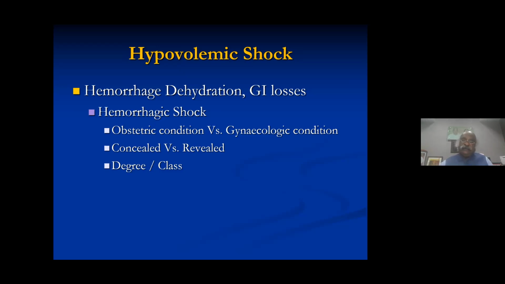We have seen two types of hemorrhage: concealed hemorrhage and revealed hemorrhage. A revealed hemorrhage is diagnosed much earlier than a concealed hemorrhage. So your mind should be alert to identify the concealed hemorrhage.